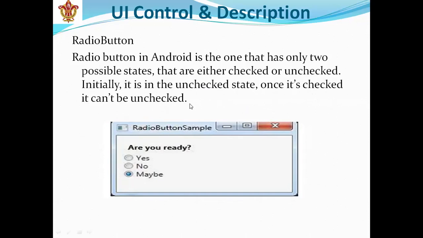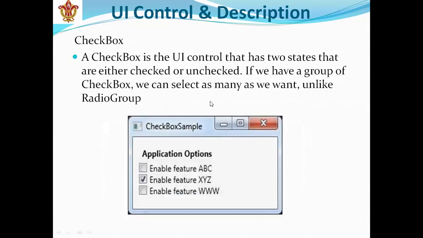Okay, so in the next slide we will see checkbox. A checkbox is the UI control that has two states that are either checked or unchecked. If we have a group of checkboxes, we can select as many as we want, unlike the radio group. Okay, so in the diagram, here you can see there is an enable feature of ABC and the enable feature of XYZ and the enable feature of WWW.